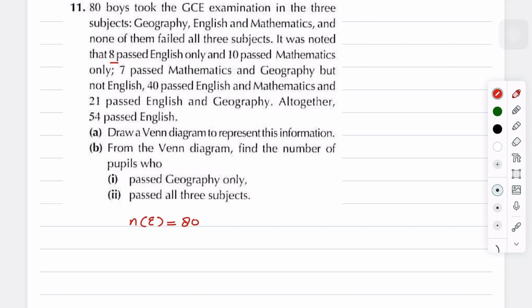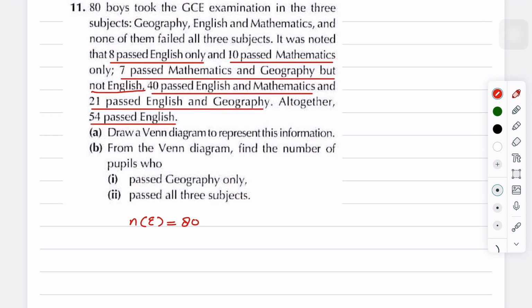They said 8 passed English only, 10 passed mathematics only, and 7 passed maths and geography, but not English. And similarly, 40 passed English and mathematics, 21 passed English and geography, altogether 54 passed English.